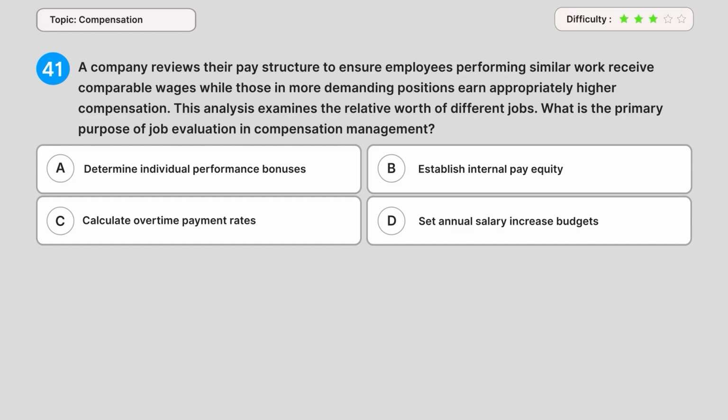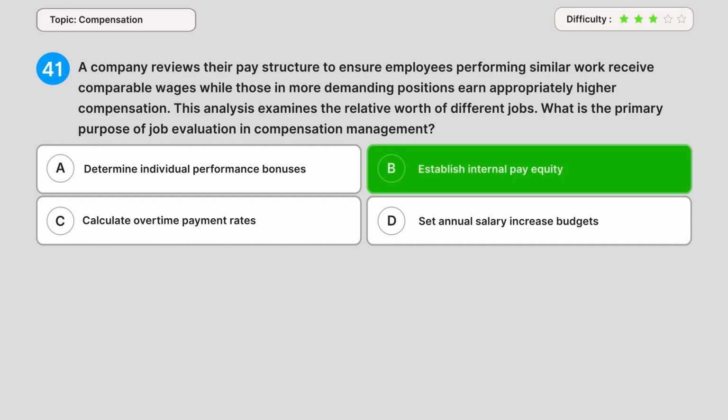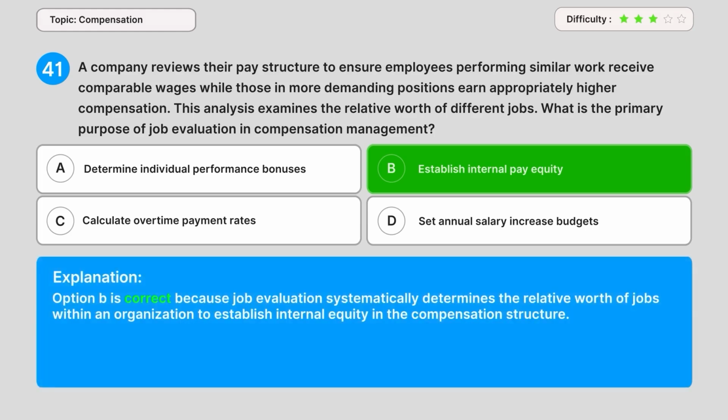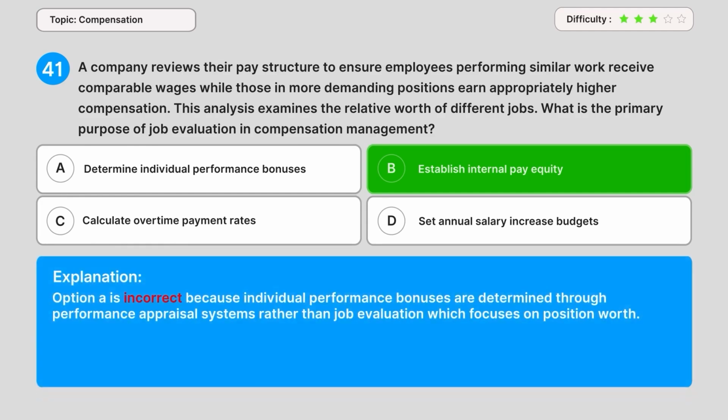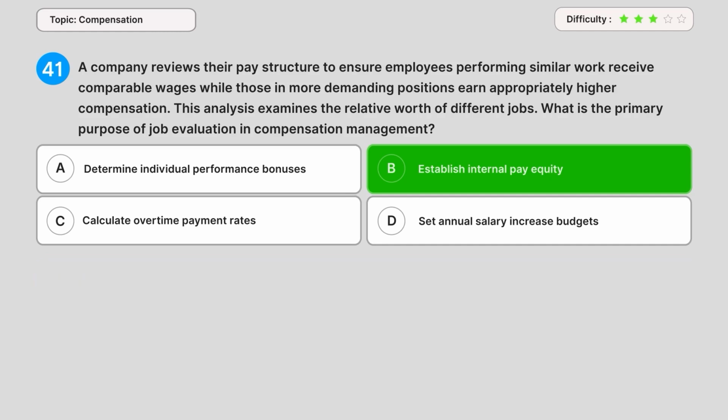Correct answer. B. Establish internal pay equity. Explanation. Option B is correct because job evaluation systematically determines the relative worth of jobs within an organisation to establish internal equity in the compensation structure. Option A is incorrect because individual performance bonuses are determined through performance appraisal systems rather than job evaluation, which focuses on position worth.